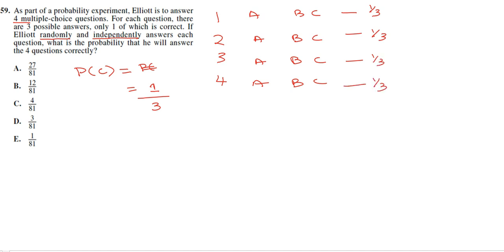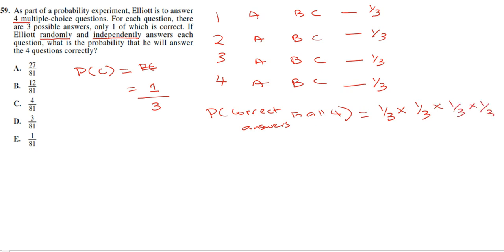Now we want to talk about independent, because the events are independent, you have to actually multiply the probability of all the events together. So the probability of correct answers in all four is going to be equal to 1 over 3 multiplied by 1 over 3 multiplied by 1 over 3 multiplied by 1 over 3.